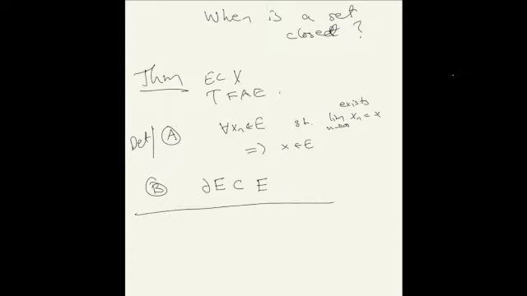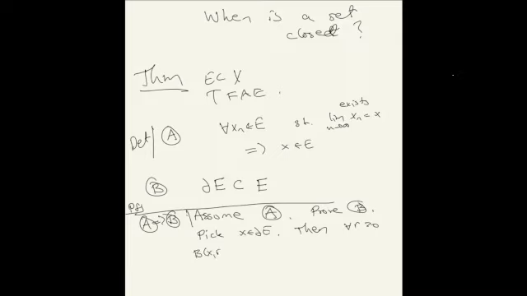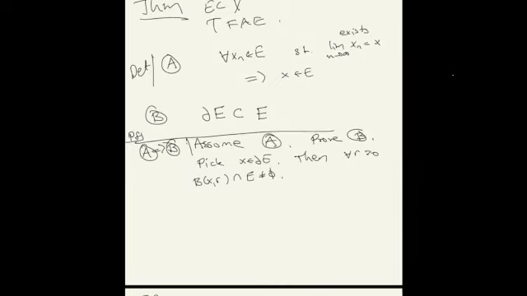So again, let's prove A implies B. So assume A, and now I don't repeat it because we are quite close to the statement, and prove B. Well, we have to prove the inclusion, so we have to pick a point x in the boundary of E. Then x is in the boundary of E. So for every positive radius R, the ball B(x, R) intersects E in a non-empty way.